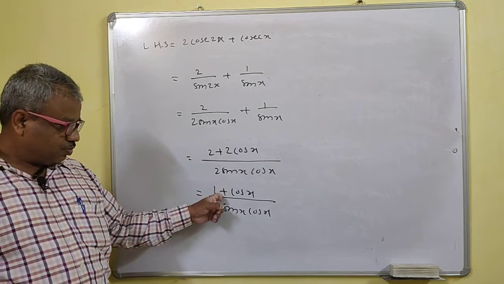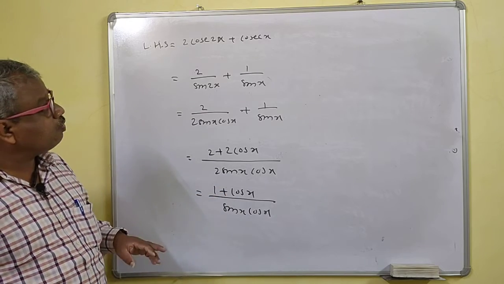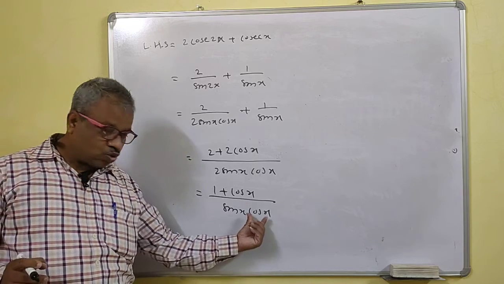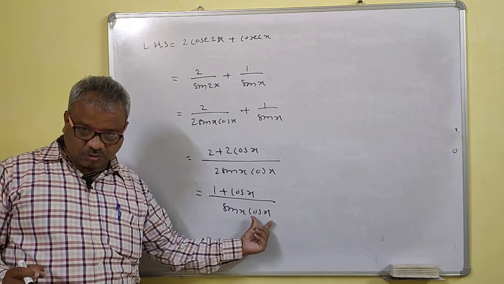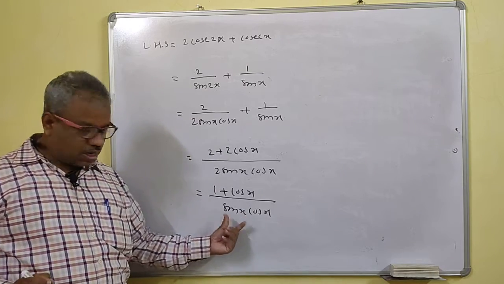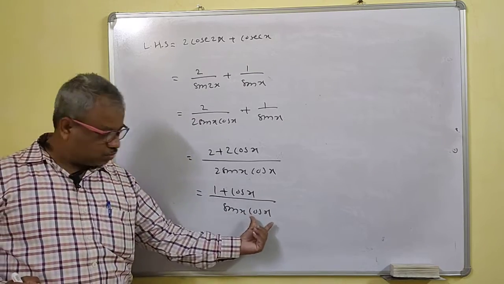Now see what you want. You want sec x, right? See the RHS here. Don't disturb this cos x now. You can disturb sin x. So we will keep this cos x as it is.